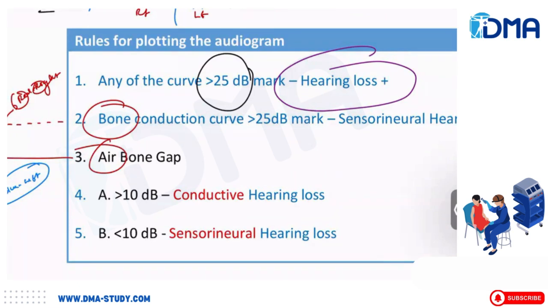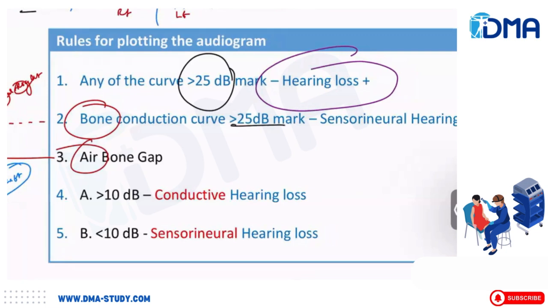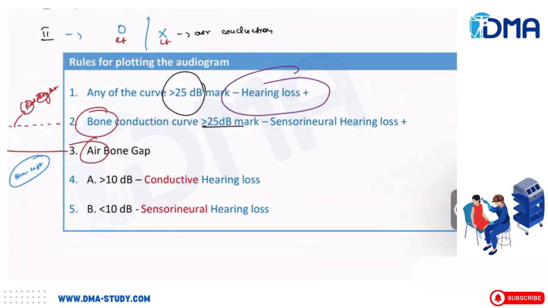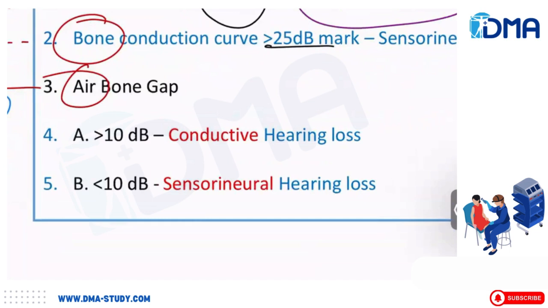That is point number 1. Point number 2, bone conduction curve more than 25 decibel mark. You should be seeing only the bone conduction curve first. If it is more than 25 decibel mark, it is sensorineural hearing loss. Now the third option, air bone gap. If it is more than 10 decibel, conductive hearing loss. Less than 10 decibel, it is sensory loss.